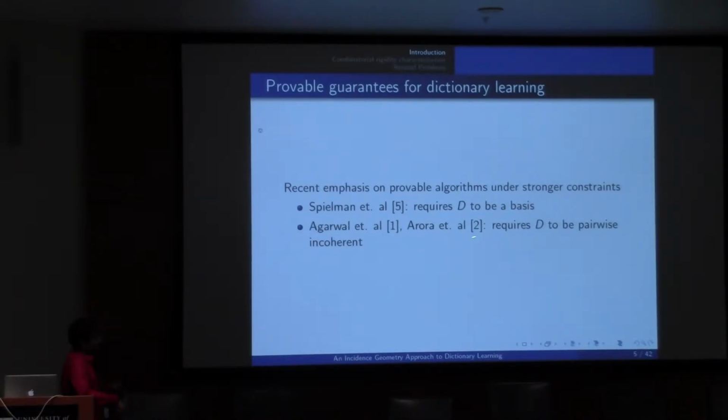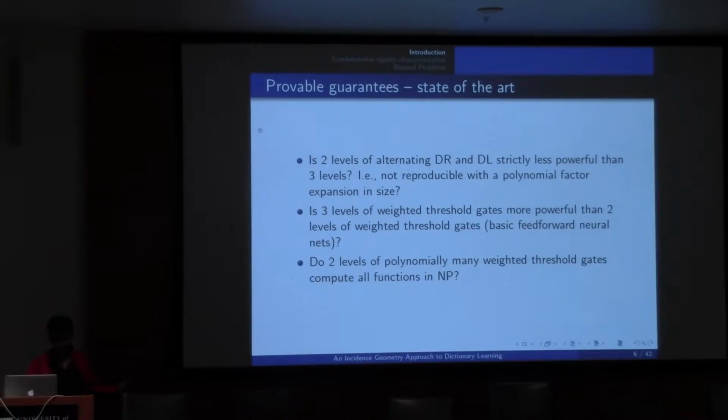They expanded it to non-bases, but then they expect the dictionary to be pairwise incoherent, which means, if any of you is familiar with this whole RIP or RIP matrices, essentially it requires pairs of columns to be nearly orthogonal to each other, right? So that's a very strict condition to be putting upon the dictionary.